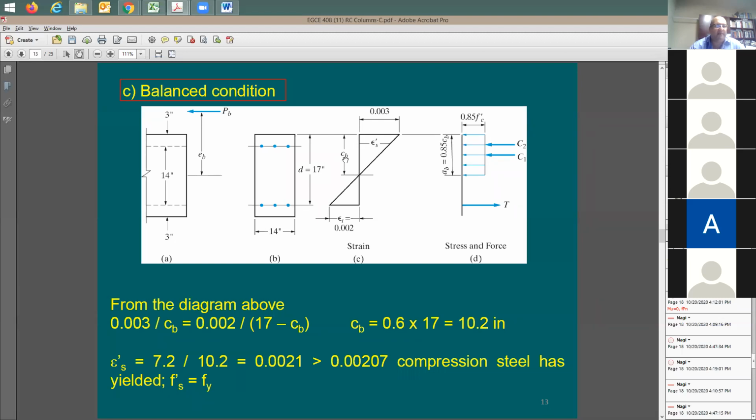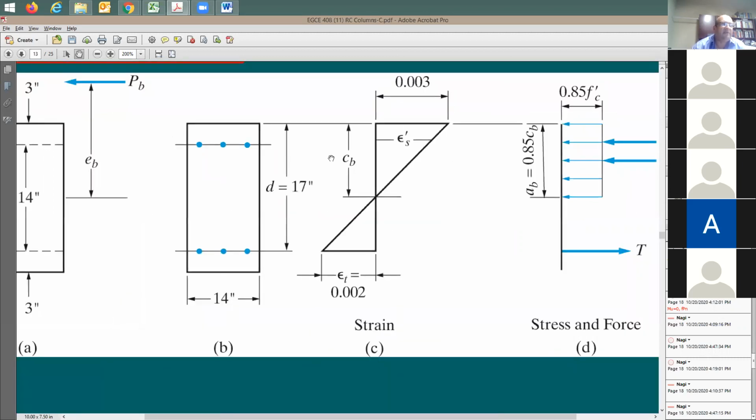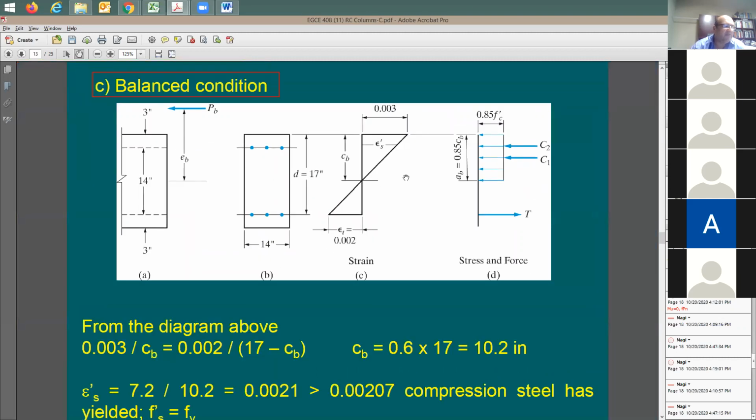It used to be just C. You can say this indicates C balance, but in your analysis you don't really have to call it CB. You can just call it C if you want. So 0.003 divided by C is equal to 0.002 divided by d minus C. You have only one unknown here, which is C, because the depth is 17 inch. Here's the equation: 0.003 divided by C equals 0.002 divided by 17 minus C. Now we can solve for C. It's going to be 10.2 inches.